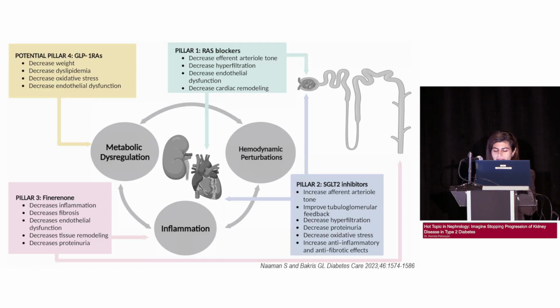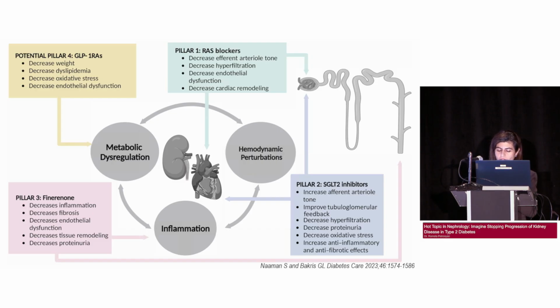So to summarize this, we really are now dealing with 4 pillars of therapies, really as tools to allow us to prevent ongoing progression of diabetic kidney disease. And since the institution of the RAS blockade in the 1990s, early 2000s, we've witnessed significant strides in addressing this unmitigated risk associated with diabetic kidney disease progression.